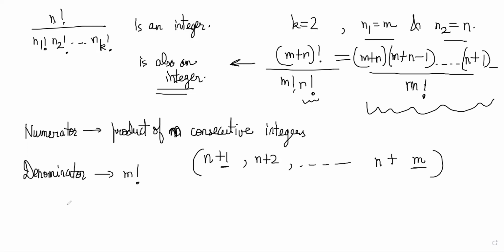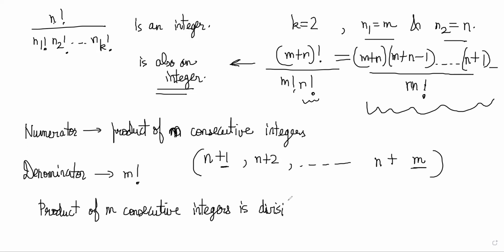So this gives us a nice idea that always the product of m consecutive integers is divisible by m factorial. This will come in handy later in problems. So that's why I'm making a point out of it.